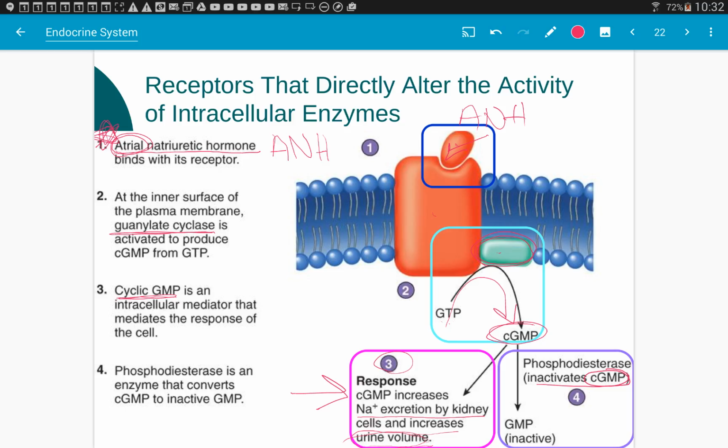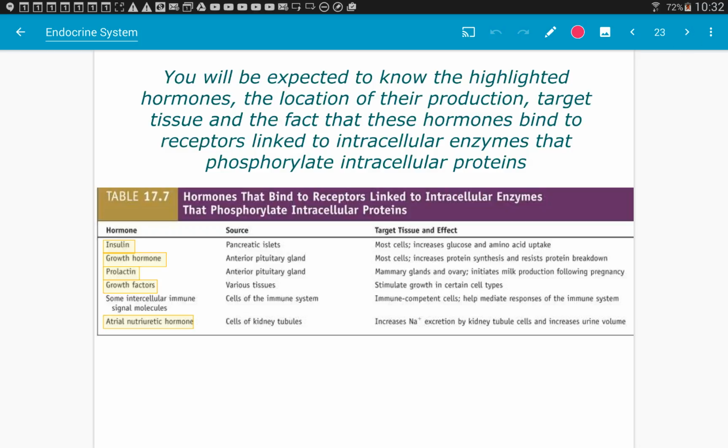That's going to give you a larger volume of urine that you will excrete, and that will decrease your overall water content in your body a bit, decrease your blood pressure, which is what triggered this hormone to be released in the first place. Okay, next slide.